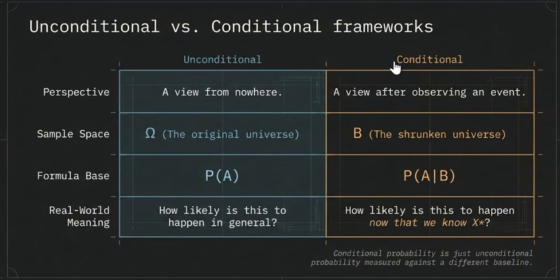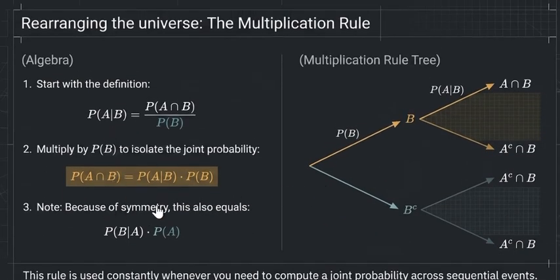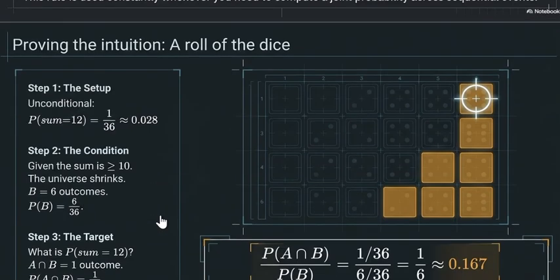But in this, probability of A given B, B will be the new sample space for A to occur, and the formulas are written here. Now the next thing, okay, here is the rearranging slide. I said that if we multiply here, we get this formula, and because of symmetry, this is also equal. Okay, we got the formula here.